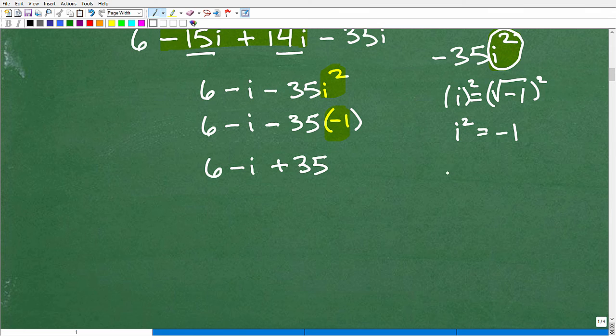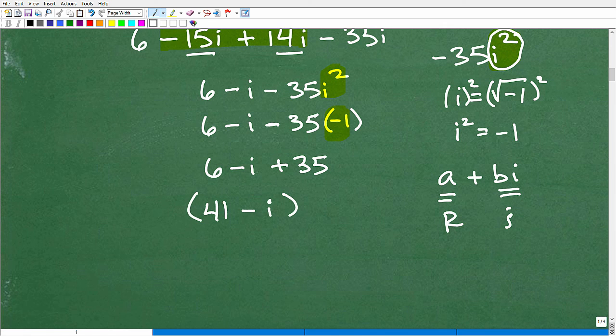Remember, we're going to write our final answer as a plus bi. The product of two complex numbers is, in fact, a complex number. So we have to get the real component first and the imaginary component last. So we have 6 and 35, which is, if my math is pretty good today, 41 minus i. And that is it. 41 minus i is the product of those two complex numbers.